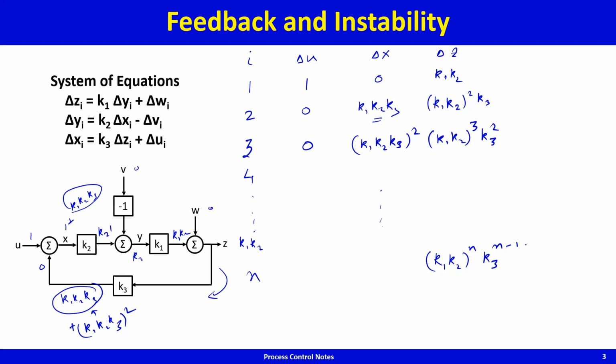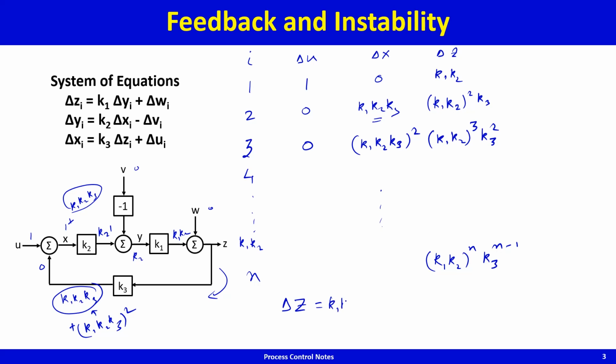So if I look at the total change in z, not every instant but the final value that z reaches, that's going to be the superposition or the sum of all these incremental effects, and that's going to be k1 k2.